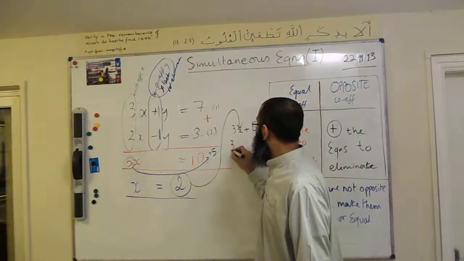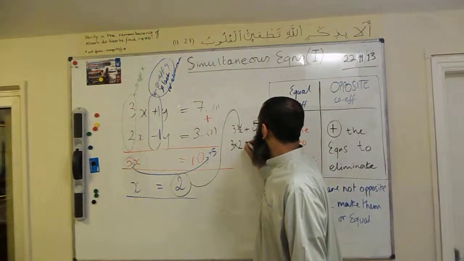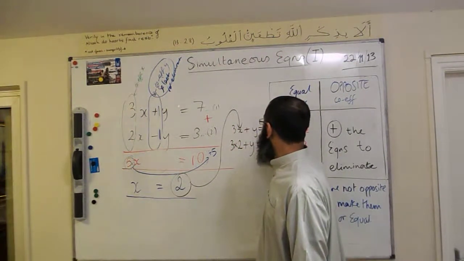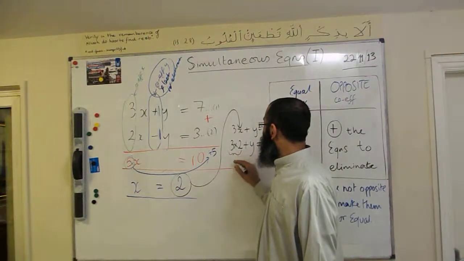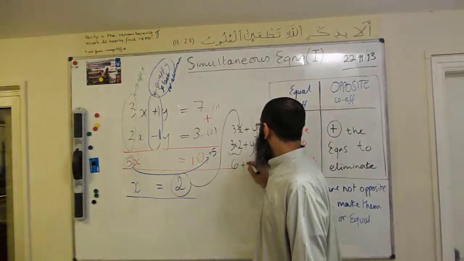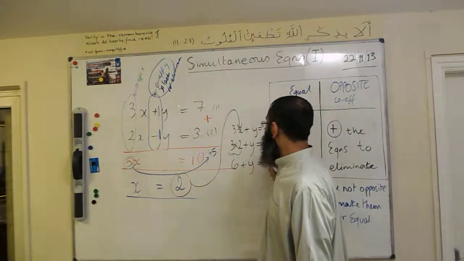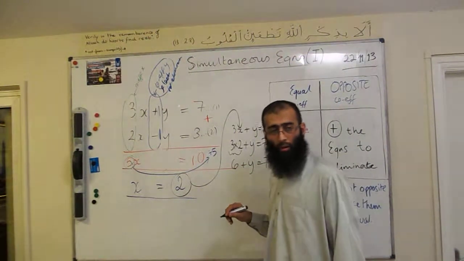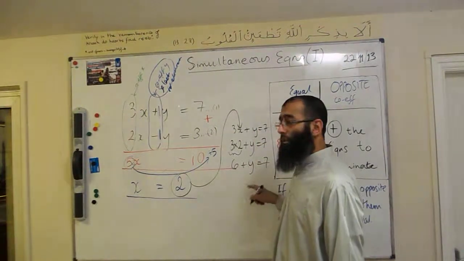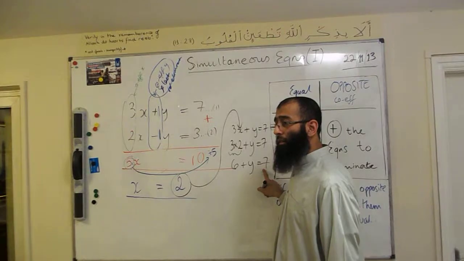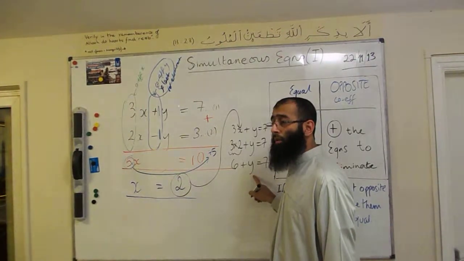So we have 3 times by 2, add y is equal to 7. 3 times by 2 is equal to 6. 6 add y is equal to 7. How do we get y on its own?